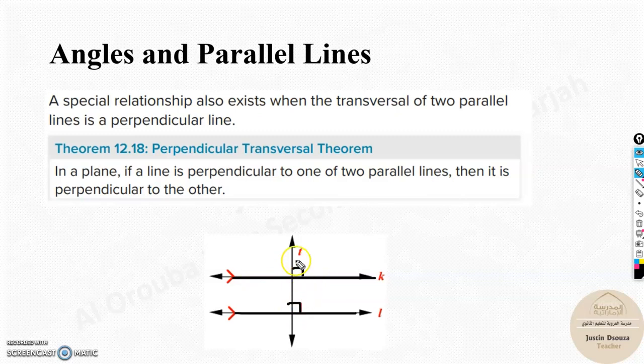Because these are corresponding angles, isn't it? If it was, say, 60 degrees over here, this also would be 60 degrees because they're corresponding. Same way 90 and 90.